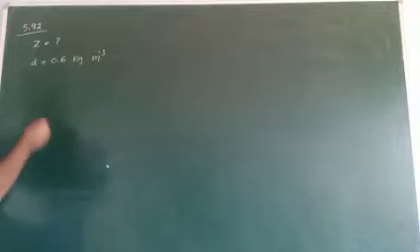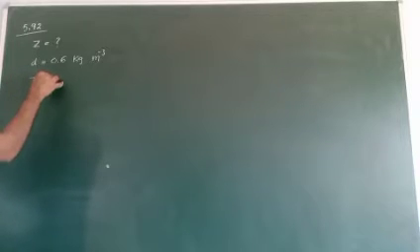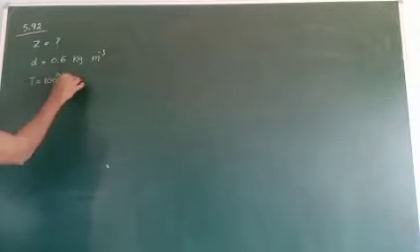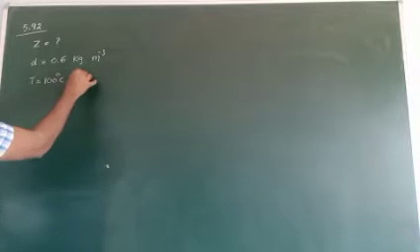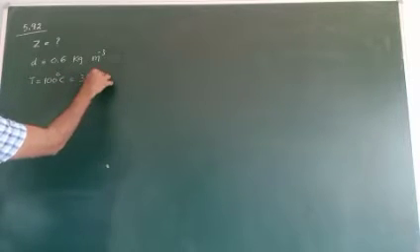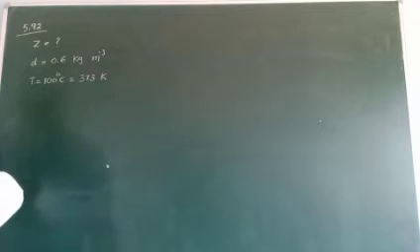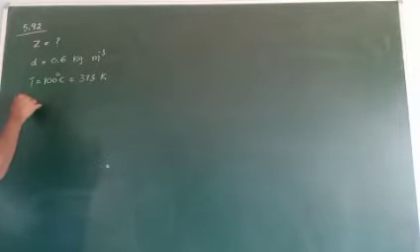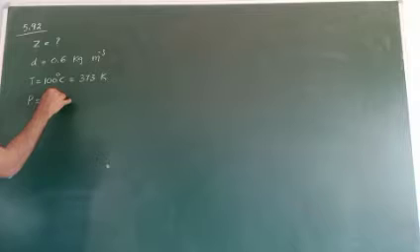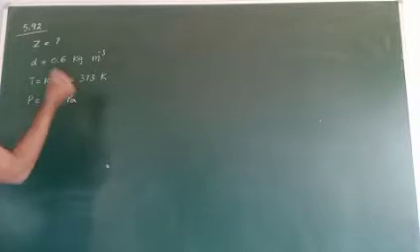Temperature is given, that is 100 degrees centigrade, which means 100 plus 273, 373 Kelvin. And pressure is also given, pressure equal to 10 to the power of 5 Pascal.